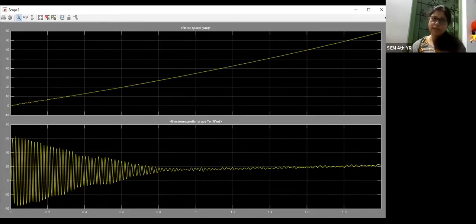This one is the torque and this one is the speed characteristic of the induction motor drive.